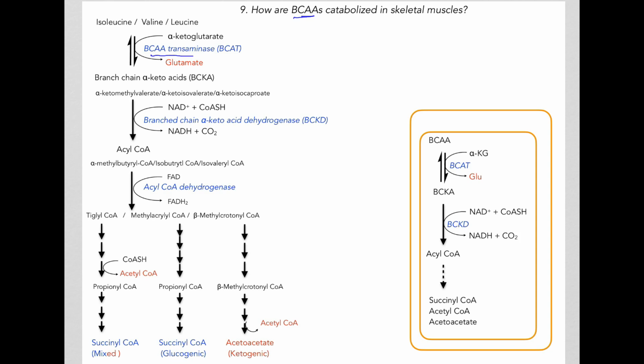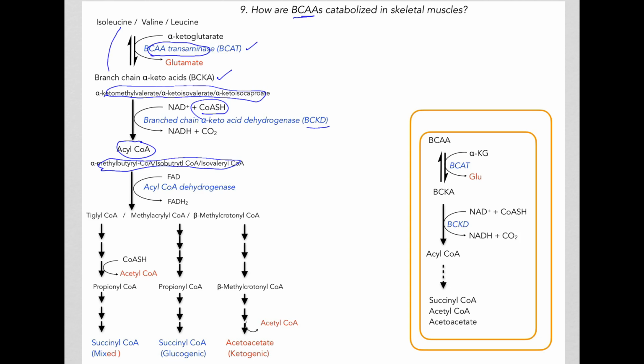Basically, there's a transamination reaction using branched chain amino transferases, or BCATs, that will give you branched chain alpha keto acids. And then the enzyme BCKD, or branched chain alpha keto acid dehydrogenase, will basically oxidize these into acyl-CoA. So coenzyme A is required. So we get the different acyl-CoAs.